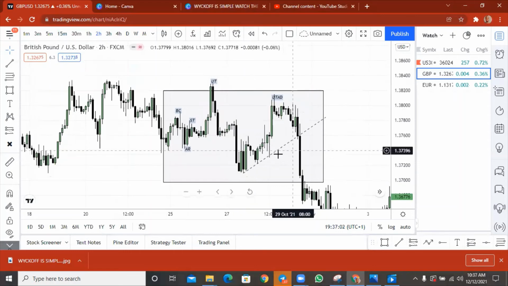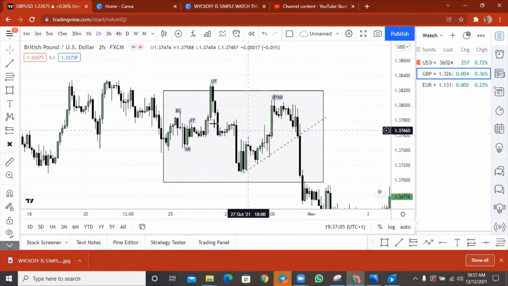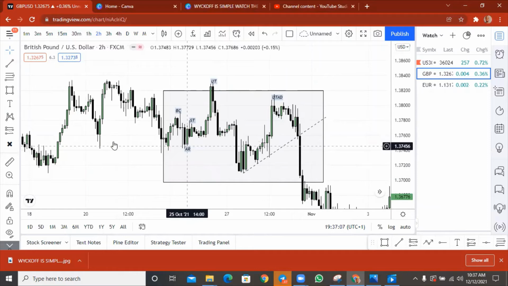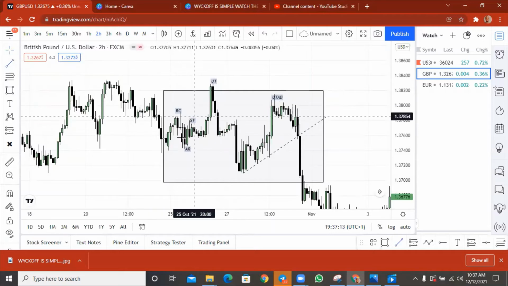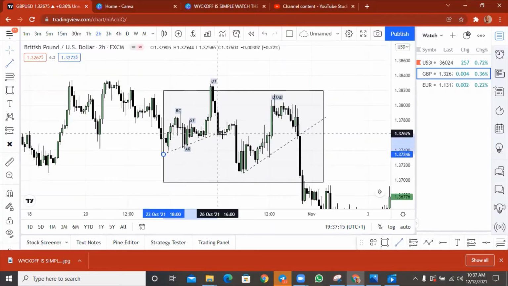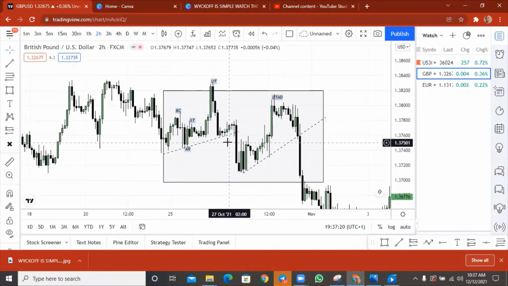So we have this liquidity right here cleared out, and we have another liquidity right here that was cleared out, right? So try to understand the liquidity story, build the liquidity story, and you can trade Wyckoff even without looking for all of these components.